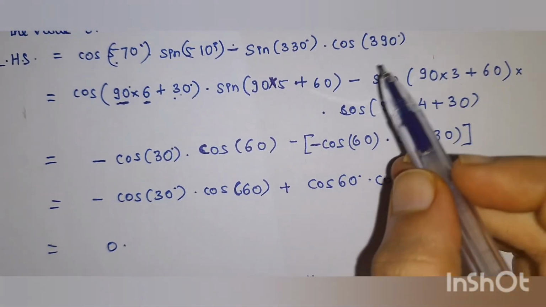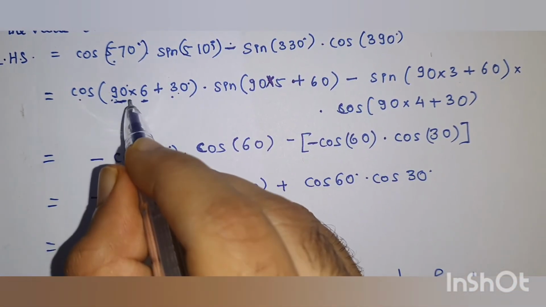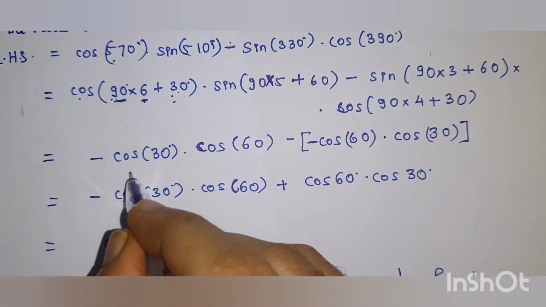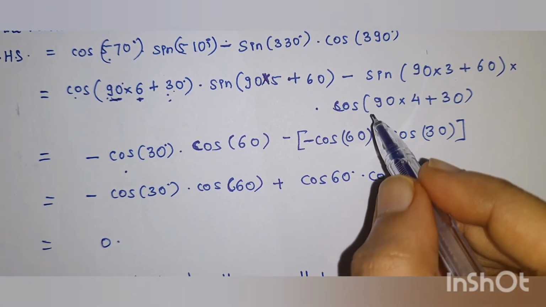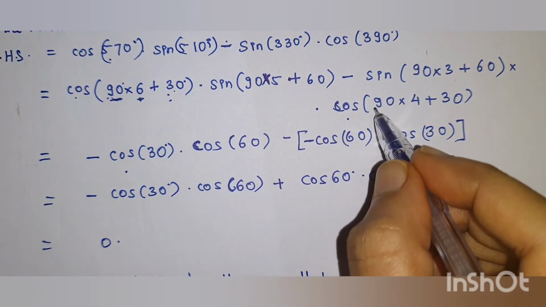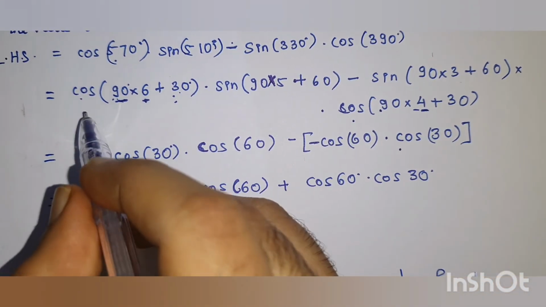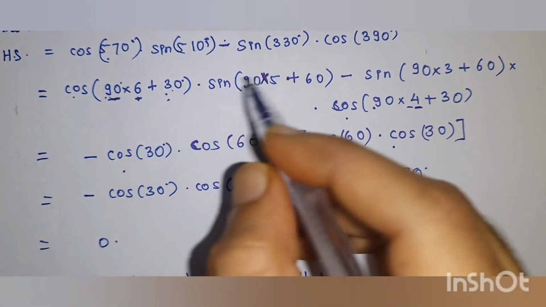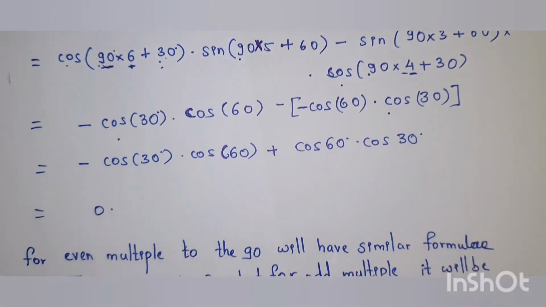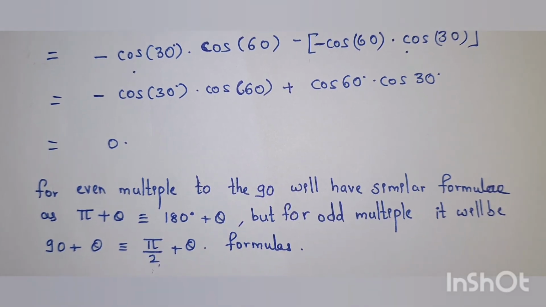Here see, as this cos of bracket 90 into 6 plus 30 is converted into cos only, and similarly here this cos is again converted into cos only, because here it is an even multiple of 90, and here it is an even multiple of 90, and here it is an odd multiple, hence as per the rules of trigonometry the 90 plus theta formula is applied here.